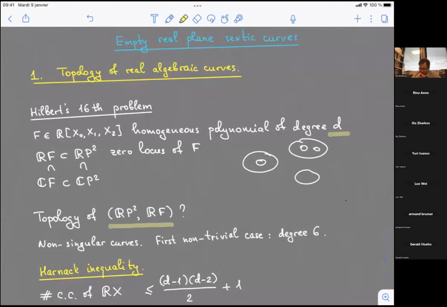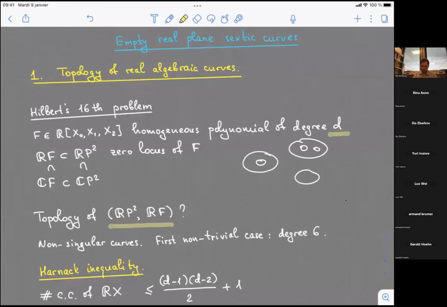But let's first discuss the question concerning the topology of the real point set of our curve, the real point set itself, without considering the embedding of this real point set in RP2. So since it's a collection of circles, the topology of this collection of circles is determined by the number of the circles. And for this number, there is an inequality called Harnack inequality.